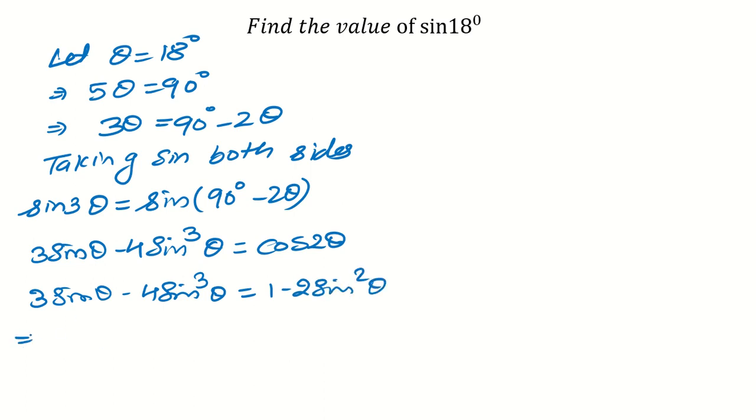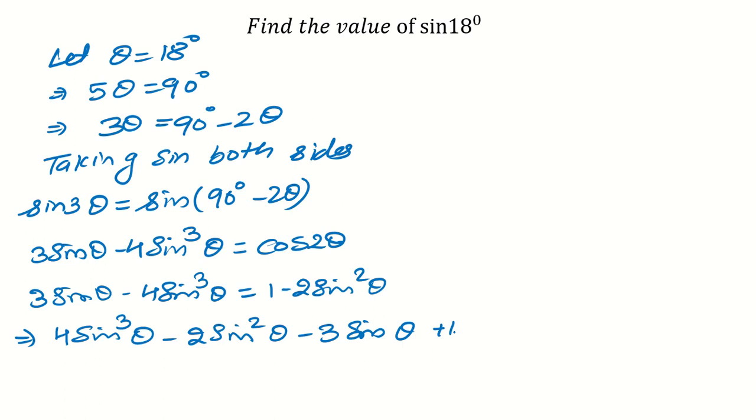So write all the terms on one side in a proper polynomial shape. It is 4 sine cube theta minus 2 sine square theta minus 3 sine theta plus 1 equals 0. Now if I take x is equal to sine theta, just to write it, it will be 4x cube minus 2x square minus 3x plus 1 is equal to 0.